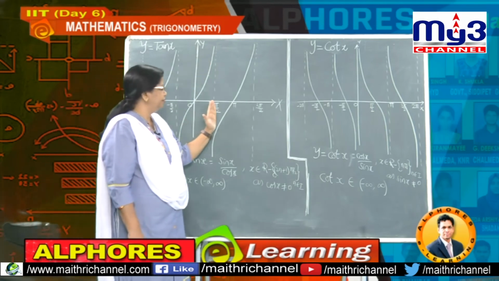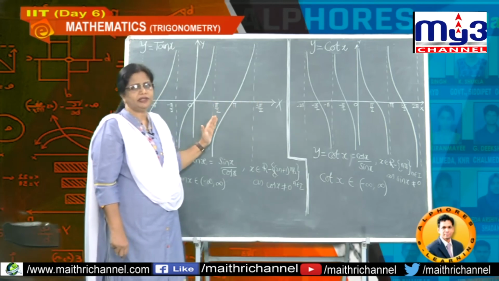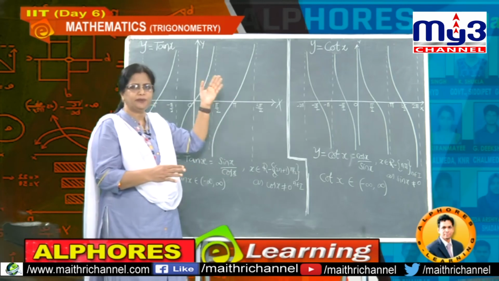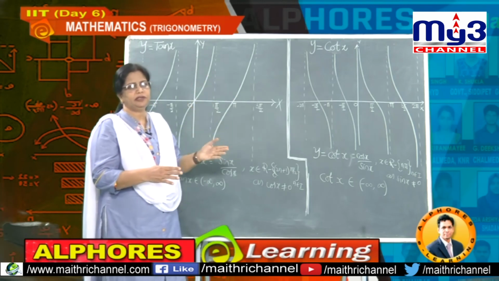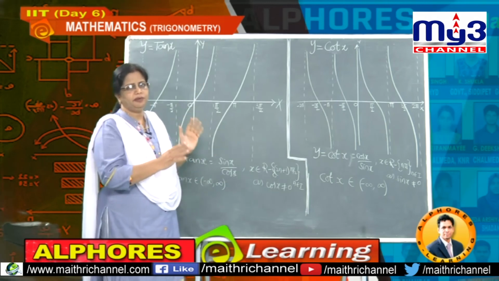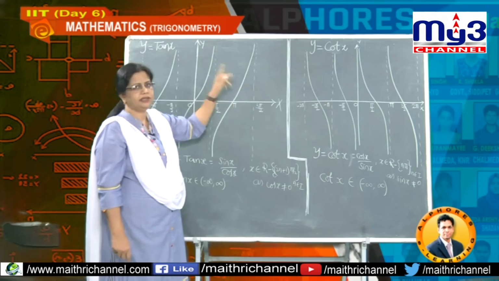Again you observe pi by 2 to 3 pi by 2, between two vertical lines. Always the graph is between the two vertical lines. In the previous ones, secant x and cosecant x also, the curve is always between two vertical lines. So here also, between these two vertical lines, this is the curve.